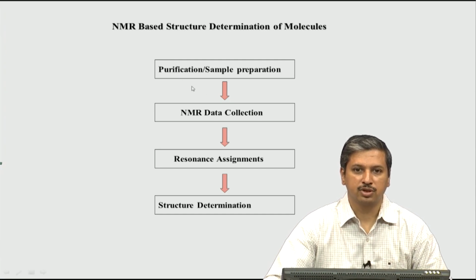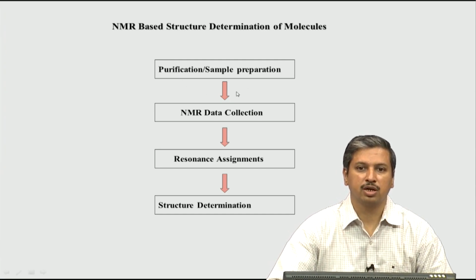The second is, once you have the sample, we typically take about a millimolar sample. This is for the case of biomolecules or natural products, but if you have an organic synthetic molecule, you can look at higher concentration, you may go even up to 10 millimolar. But in standard NMR spectrometers nowadays, 1 millimolar is sufficient for a good spectrum to be collected.